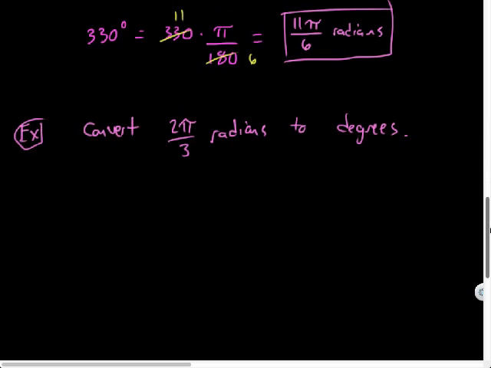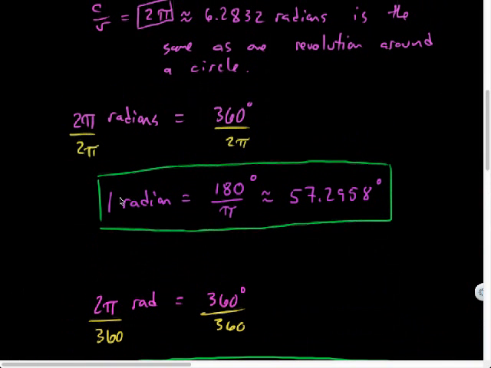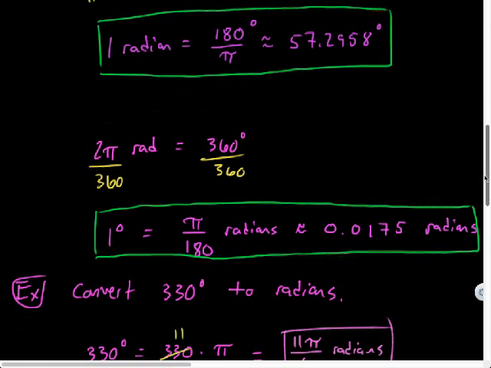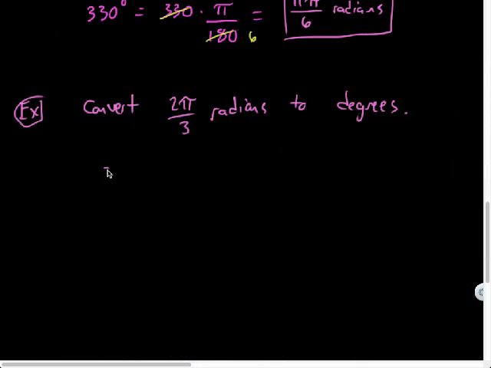So 2 pi over 3 radians, well, if 1 radian is equal to 180 degrees over pi, I want 2 pi over 3 radians, so I can multiply this by 2 pi over 3 and multiply this by 2 pi over 3, and that will end up giving me the degree equivalent. So in this case, I'll take the 2 pi over 3, and I'm going to multiply by 180 over pi this time.